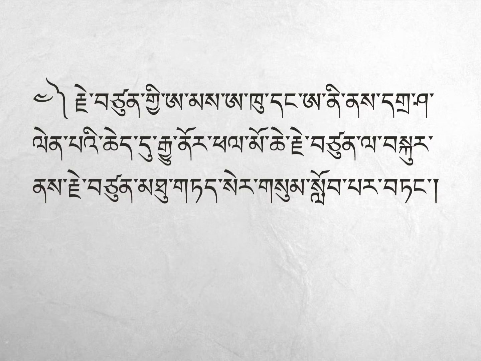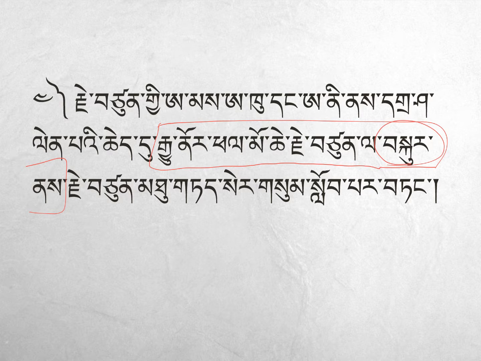Okay, to expand that a little bit more, let's see what's new in this sentence. Everything is the same up to here. So we have the verb gur. Here's a new verb phrase followed by ne. So when you have verb ne, you remember it means having verbed. So gur means to send.